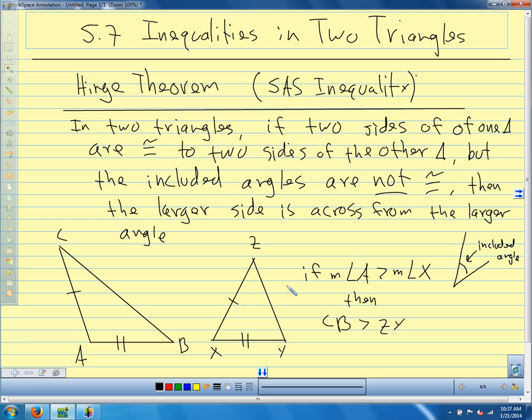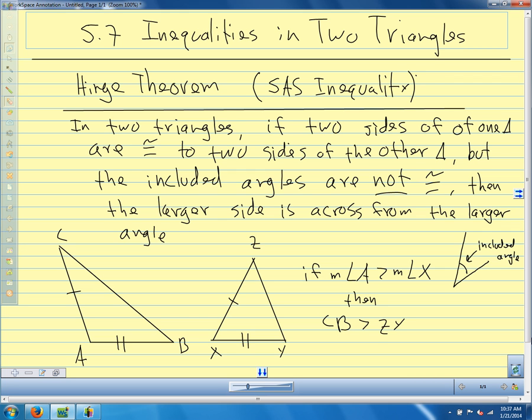A couple of things to be careful with here with the hinge theorem, with everything that we talked about today, is we need to know that two of the sides of the triangles are congruent. We need to know two sides are congruent in order to use these things. And then we'll either compare the angles or we'll compare the sides. We'll talk about that in just a little bit.